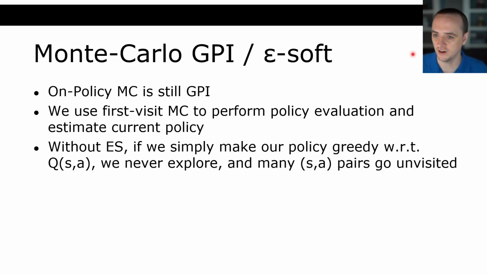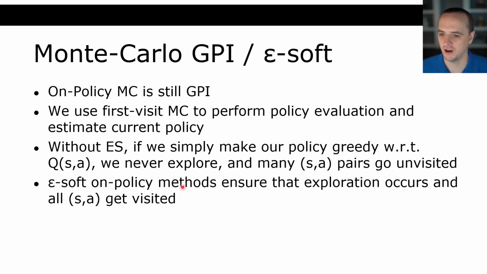Without exploring starts, if we simply make our policy greedy with respect to Q(S,A), which is the action value estimates, we would never explore and many state action pairs go unvisited. So we talked about that last time, right? How we may need exploring starts. But for some environments like blackjack, because of the random dealing of the initial hand, it has exploring starts built in. So for blackjack, we wouldn't need to worry about this, but for some environments, we do need exploring starts.